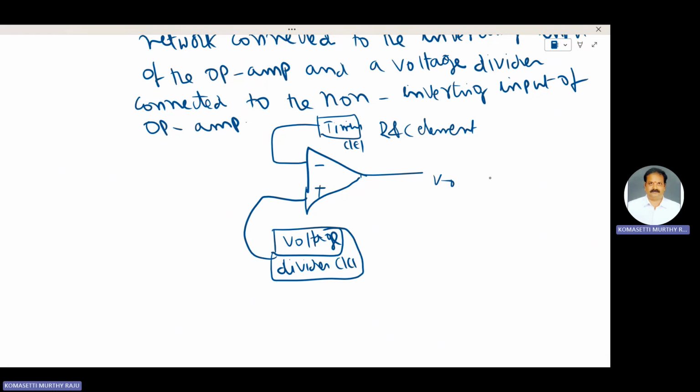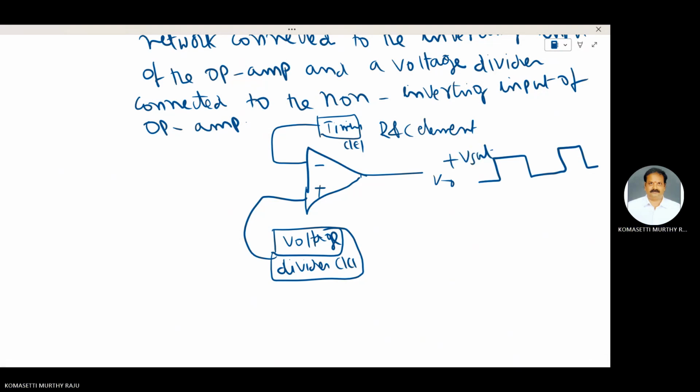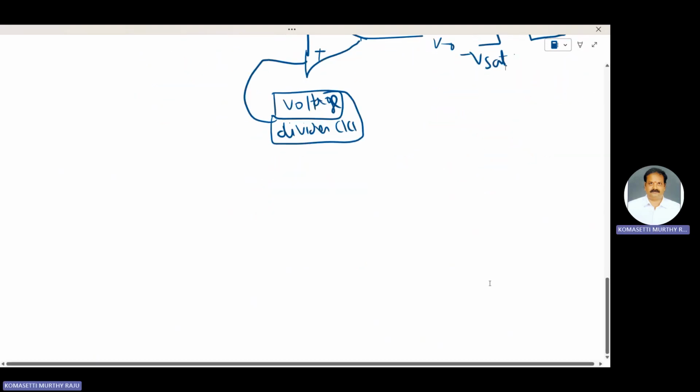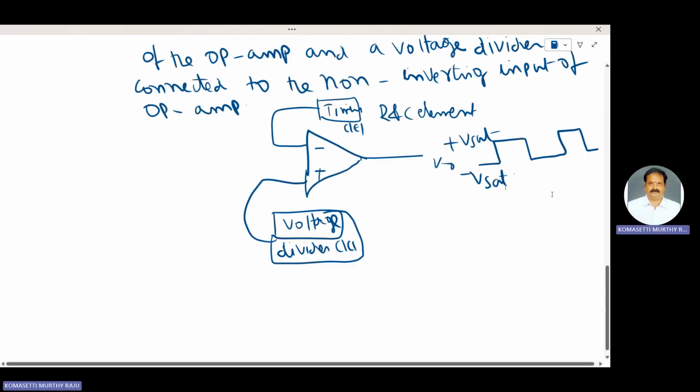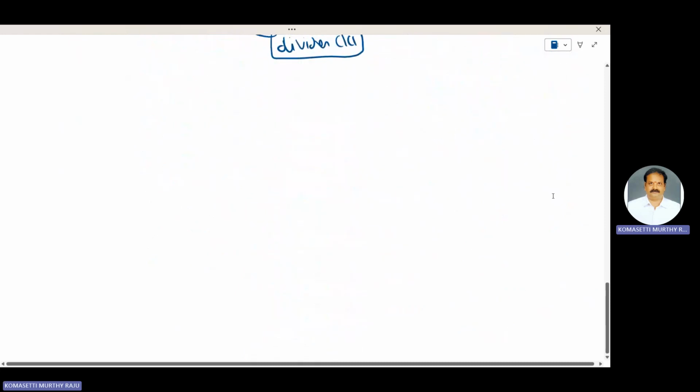With the help of these two, it generates a square wave and maintains two states, that means plus Vsat and minus Vsat. These are some important points related to the op-amp astable multivibrator circuit. Next one, circuit diagram.